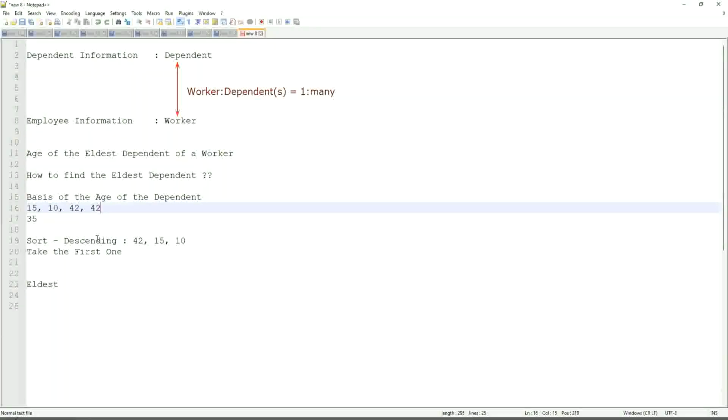Okay. But in this case, let's say you have more numbers like 42, 43, 75, 82, and so on. If one worker has so many dependents with these ages, will our logic be absolutely bulletproof?